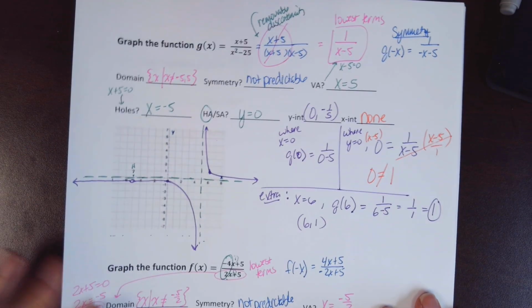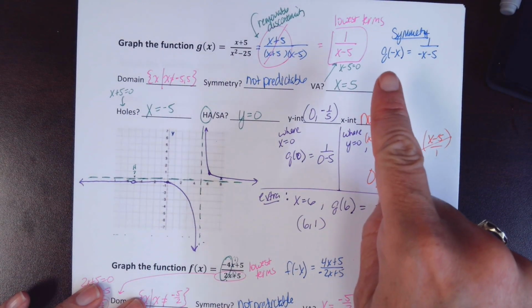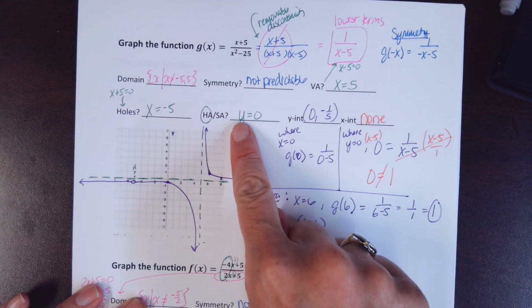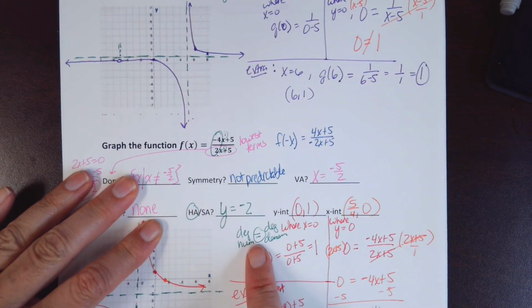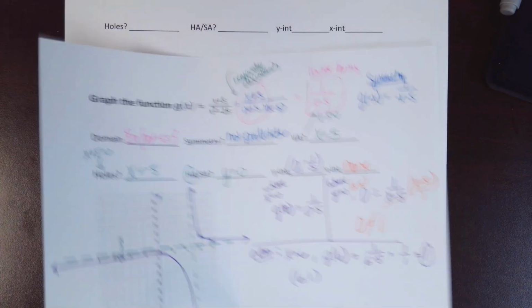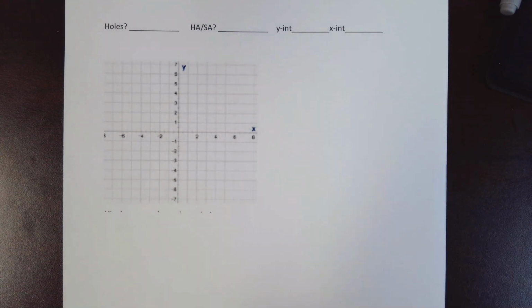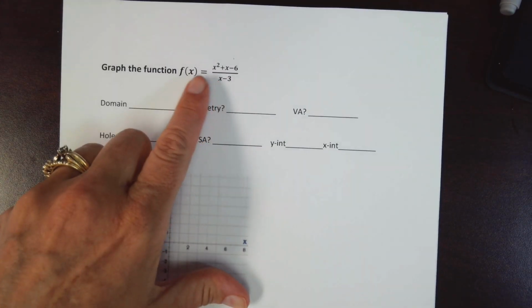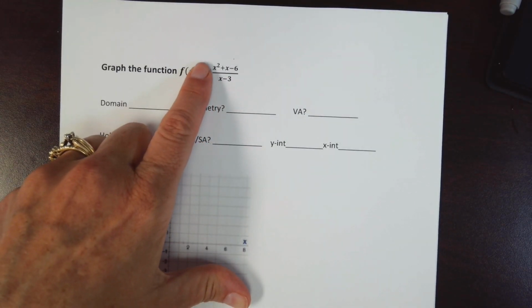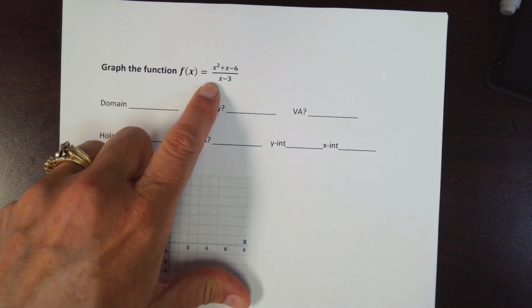All right, so we had a case where the degree of the numerator is less than the degree of the denominator. We had a case where the degree of the numerator is equal to the degree of the denominator. Let's see about this case. When I look, the degree of the numerator is greater than the degree of the denominator.